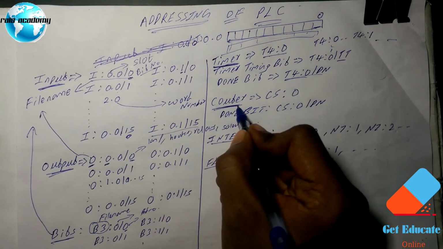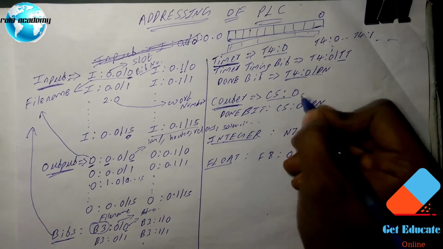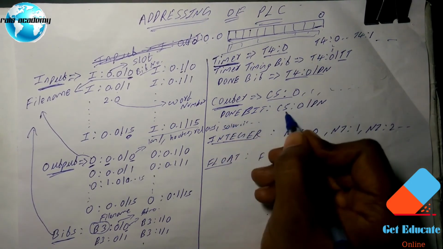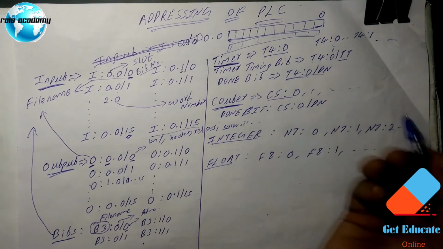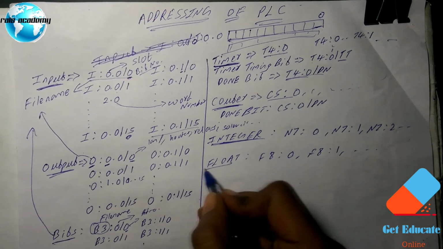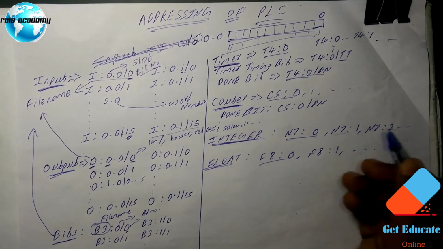For the counter instruction, we use the counter as C5:0, or 1 or 2 like this, and the done bit as C5:0/DN, a single bit. For integers and floats, we have N7:0, F8:0, or N7:1, 2.